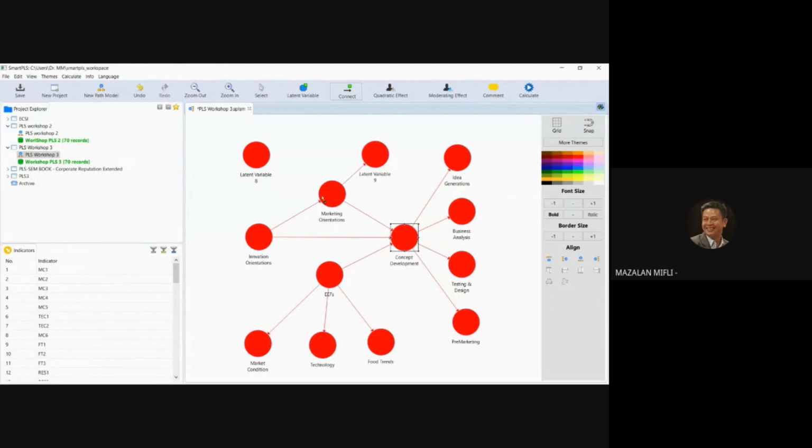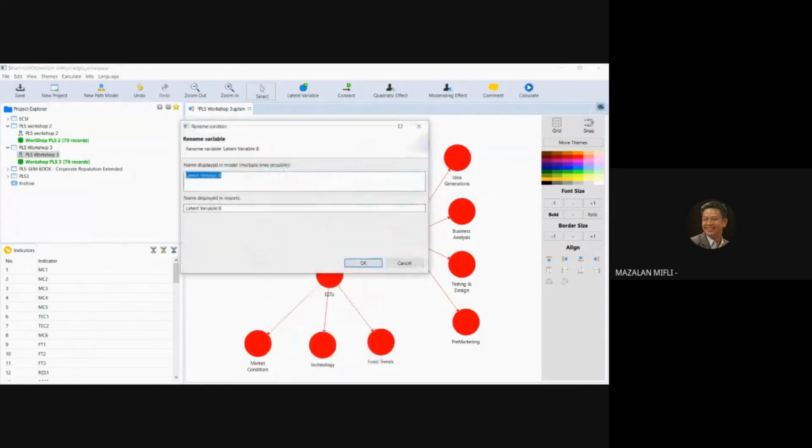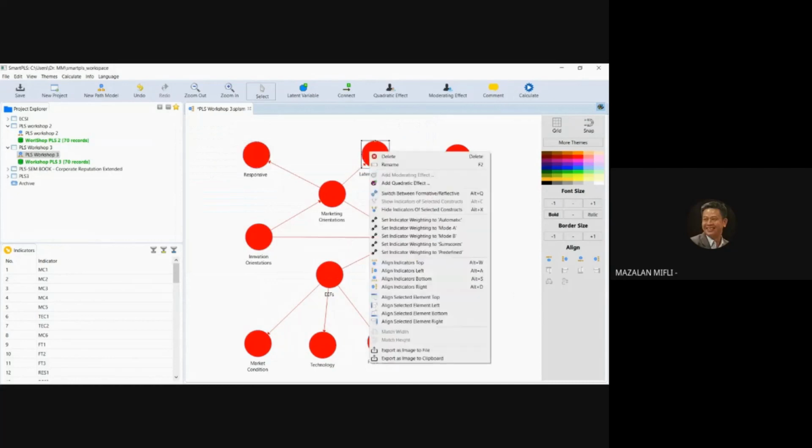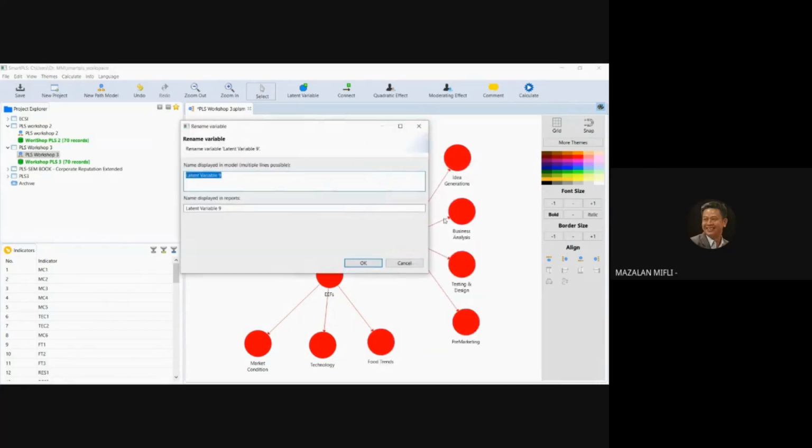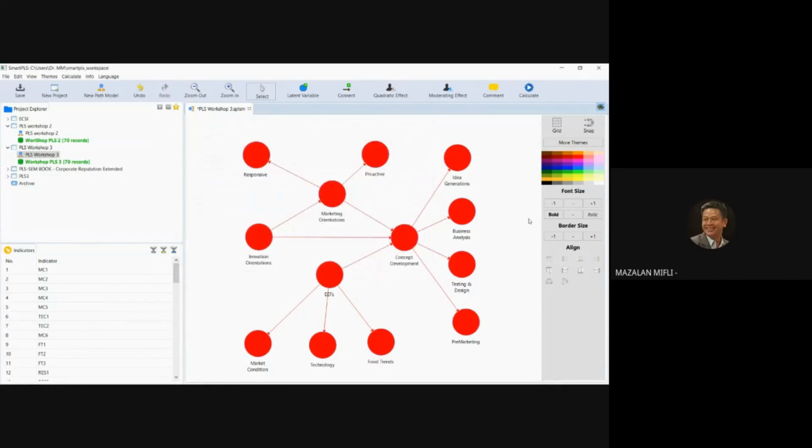And okay, with the two latent variables. So what are they? These are responsive orientations. This is proactive orientations. Okay, so there you go.